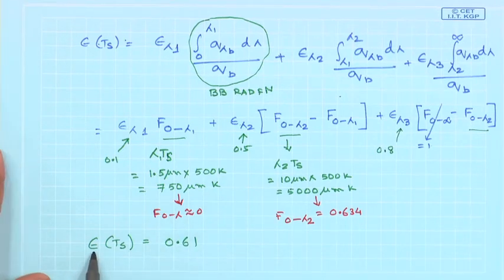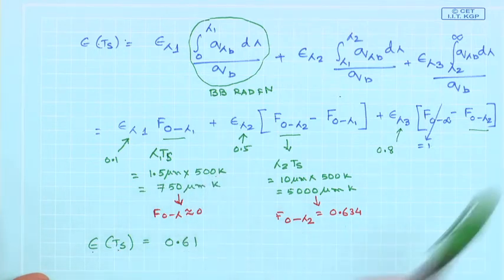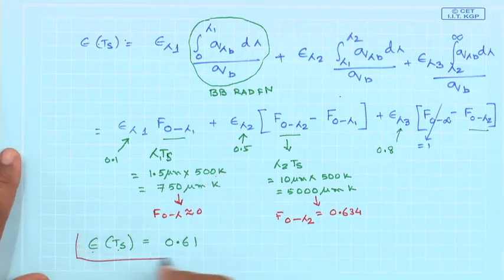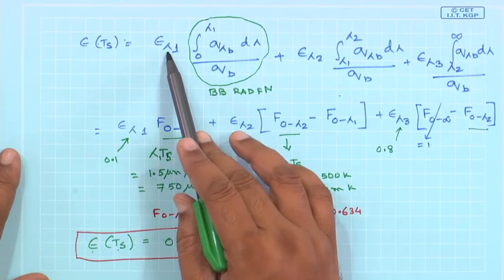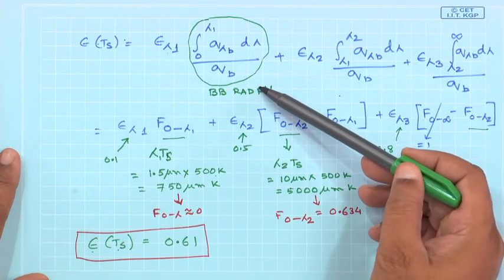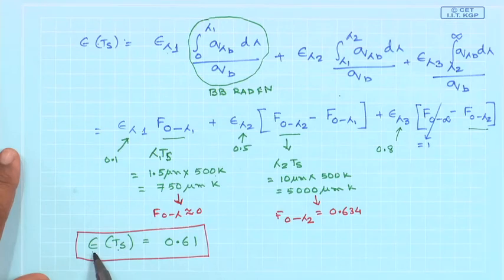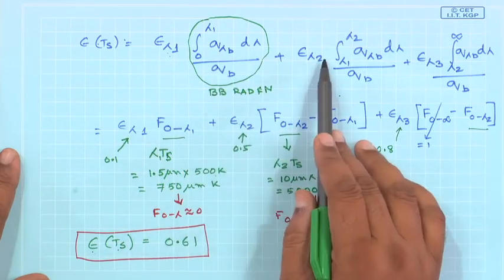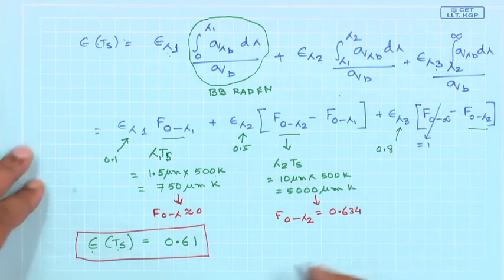So, the hemispherical emissivity of the surface at T equals Ts, that means 500 Kelvin, would simply be equal to 0.61. So, given the spectral distribution of epsilon, using the blackbody radiation function, one can obtain the overall emissivity from the spectral emissivities which are provided in the experimental results.